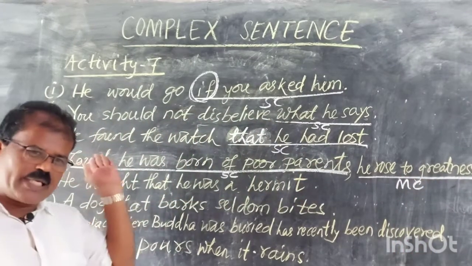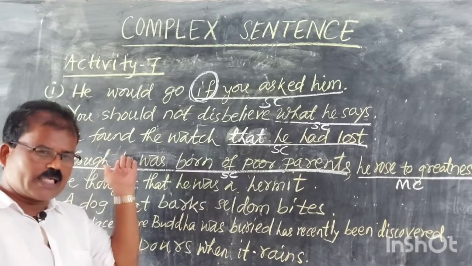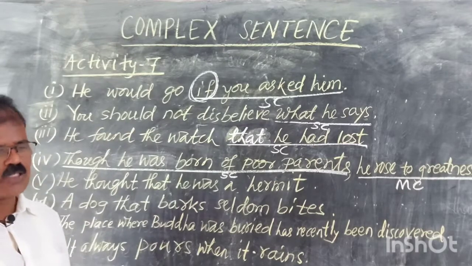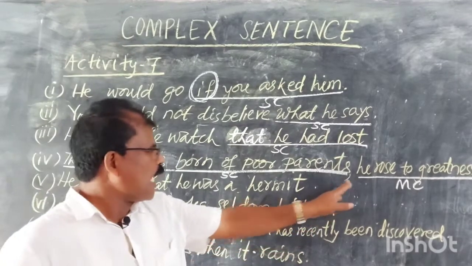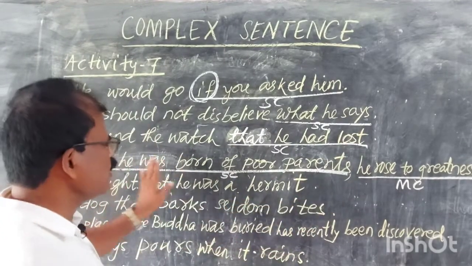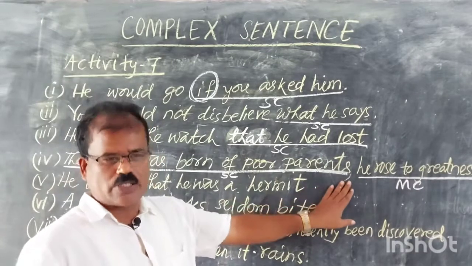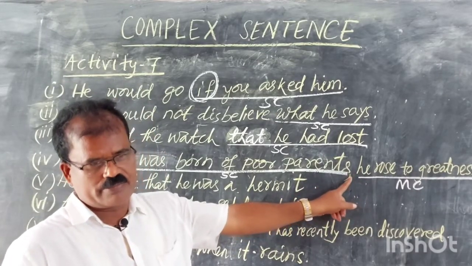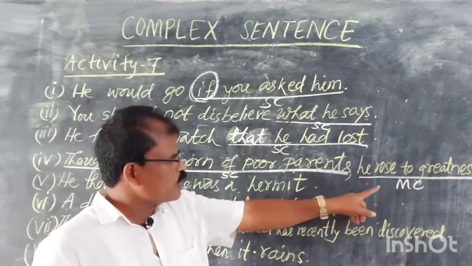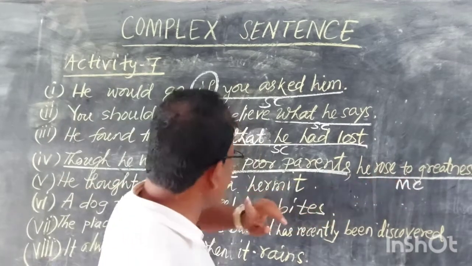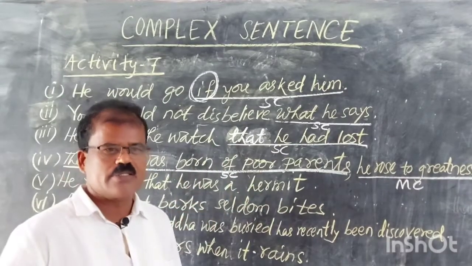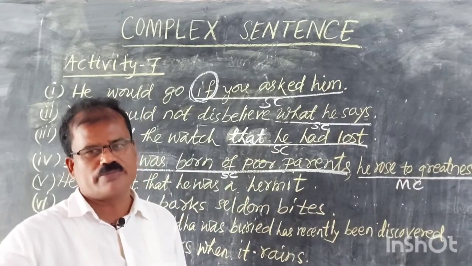Sometimes we can begin the sentence with the subordinate clause, and sometimes we can begin the sentence with the main clause. Mark this comma. As we begin this sentence with the subordinate clause, we put a comma here. You can also begin, he rose to greatness though he was born of poor parents, without comma, full stop. Okay?